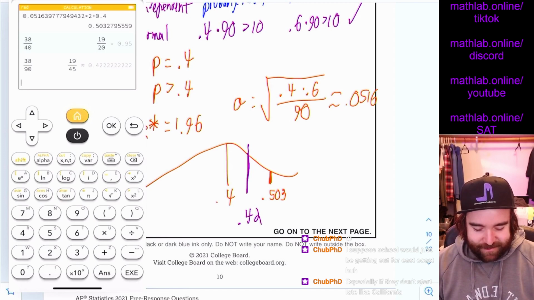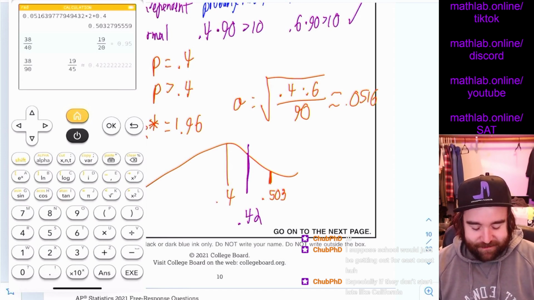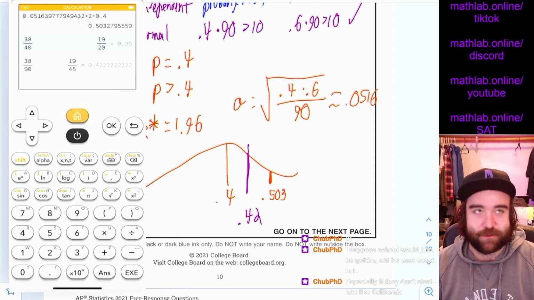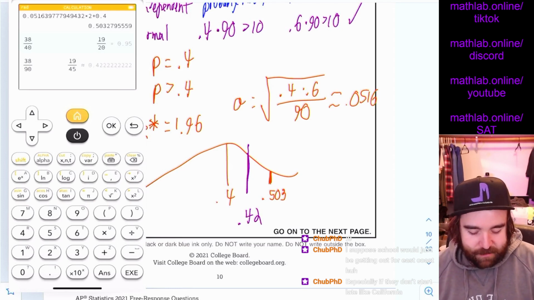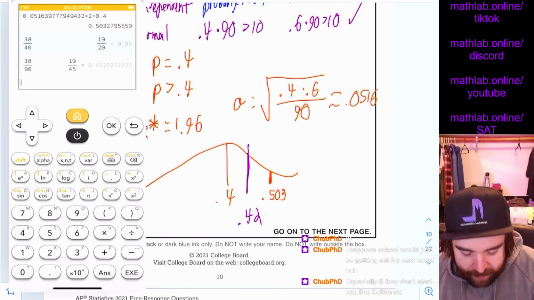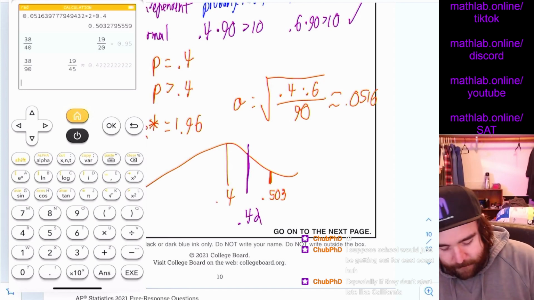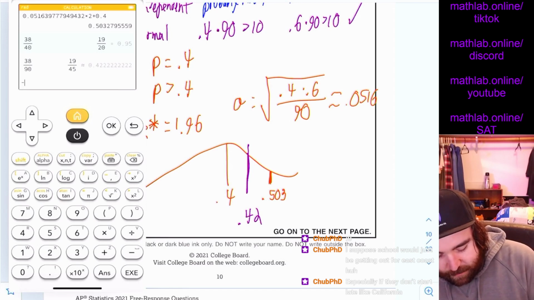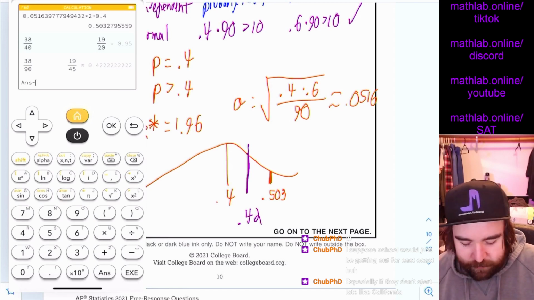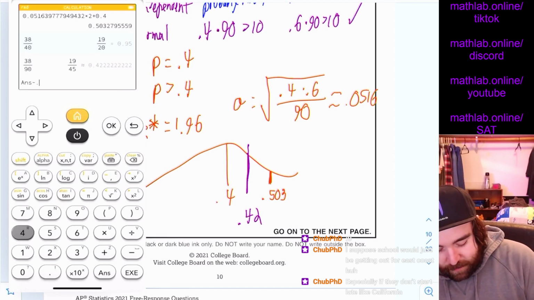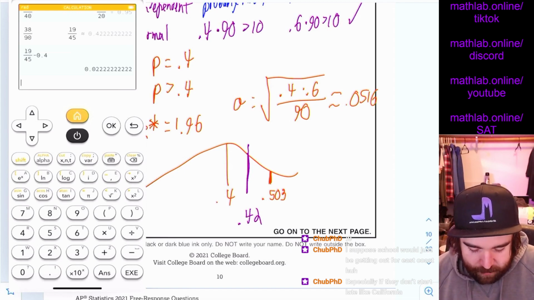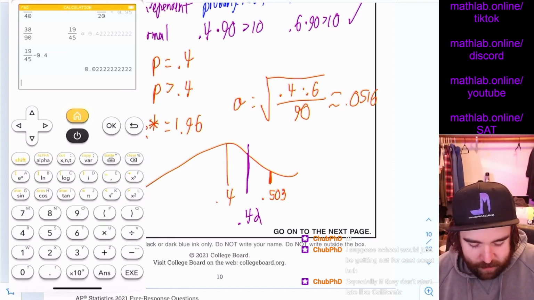How you do a significance test is you calculate a p-value. Oh, shoot. That's more of like a confidence interval, I guess. How do you do a significance test? You find that 0.42, our actual probability. You subtract it from that. So then you get the difference.